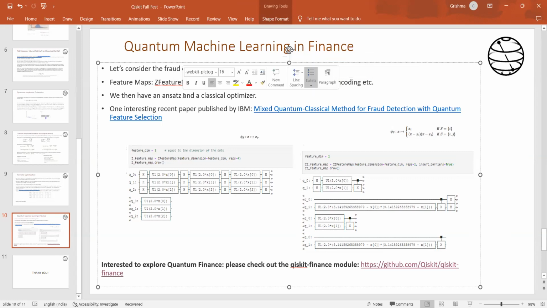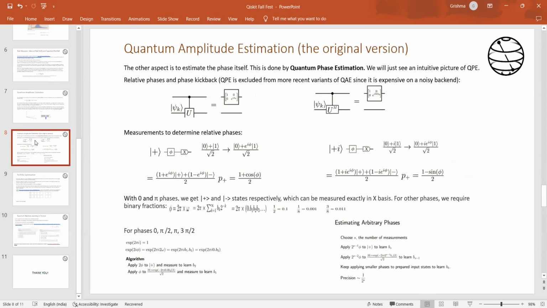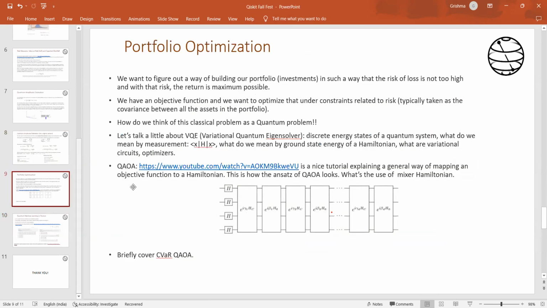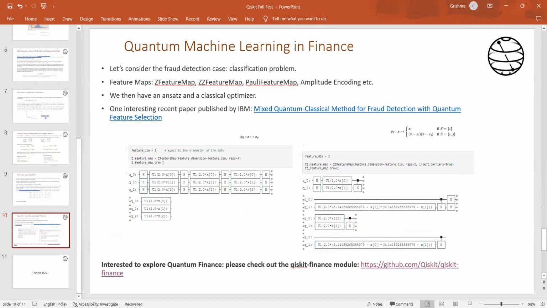Once you have transformed your classical data to quantum, you again have a similar kind of setup where you have your ansatz, or a variational circuit, and you have a classical optimizer.